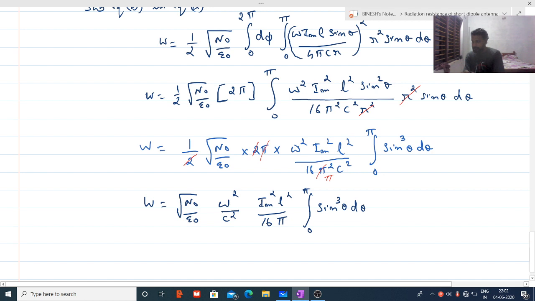That is clear for you. So it is root of mu naught by epsilon naught, omega square by c square, Im square L square by 16 pi, integral 0 to pi sine cube theta d theta.